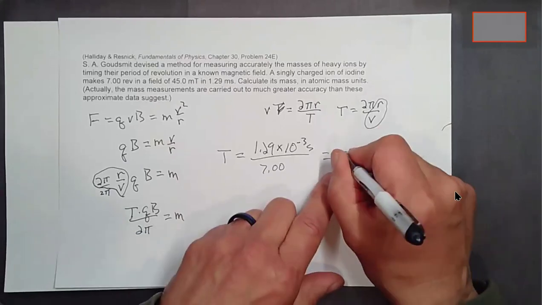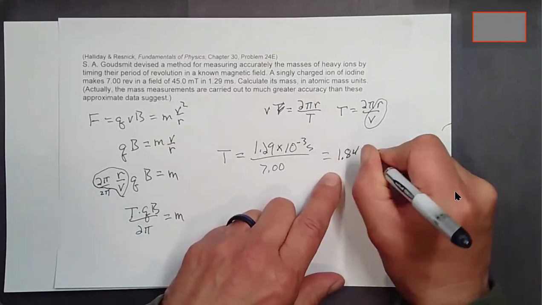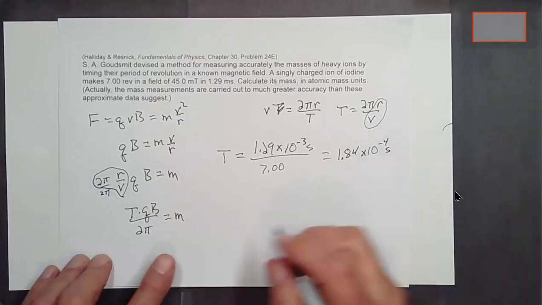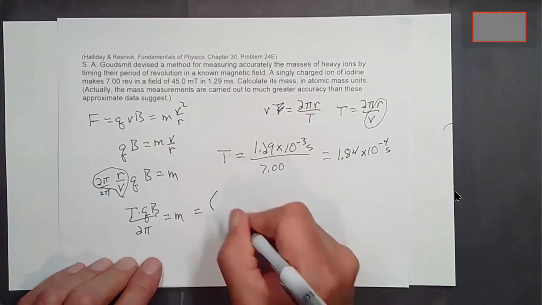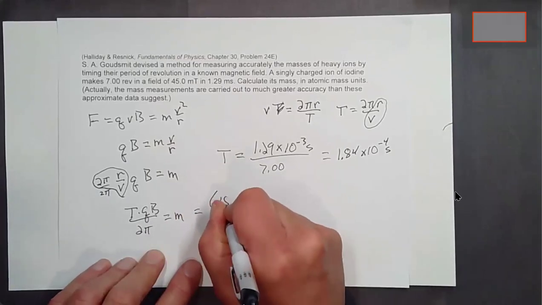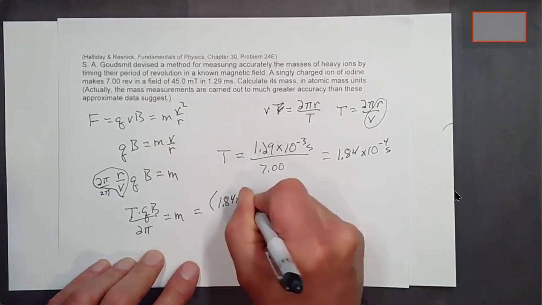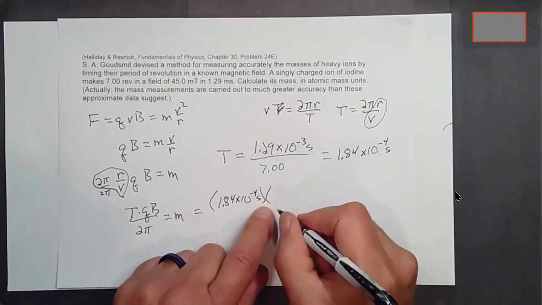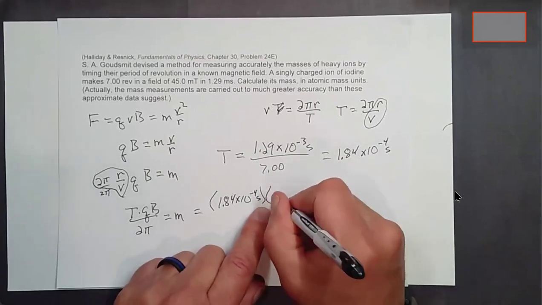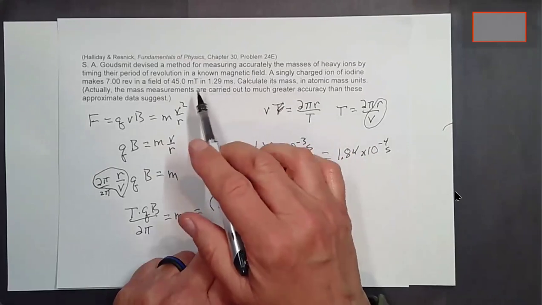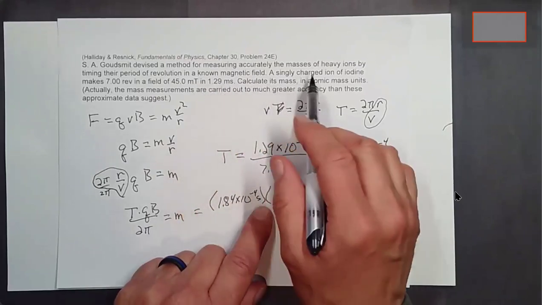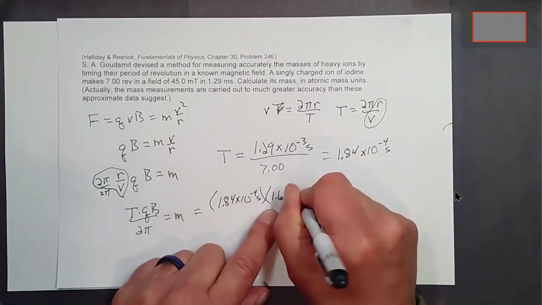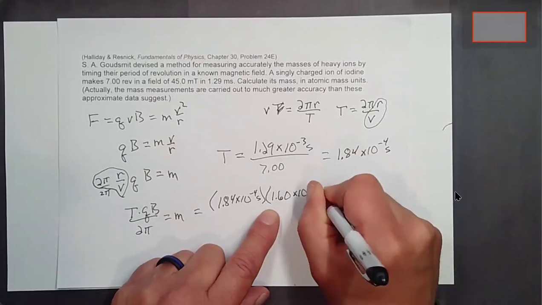Okay, so the period for a revolution is 1.84 times 10 to the minus fourth seconds. So I can plug in here and see what we get. 1.84 times 10 to the minus fourth seconds times, let's see, charge, was it singly ionized? Singly charged ion. Yep. So 1.60 times 10 to the minus 19th coulombs.